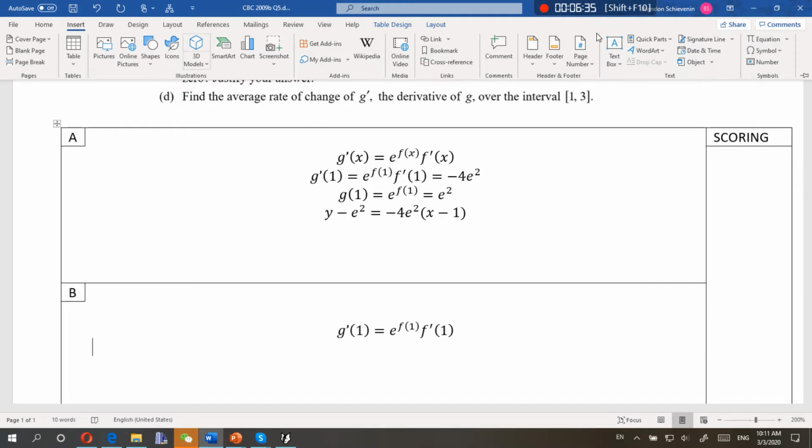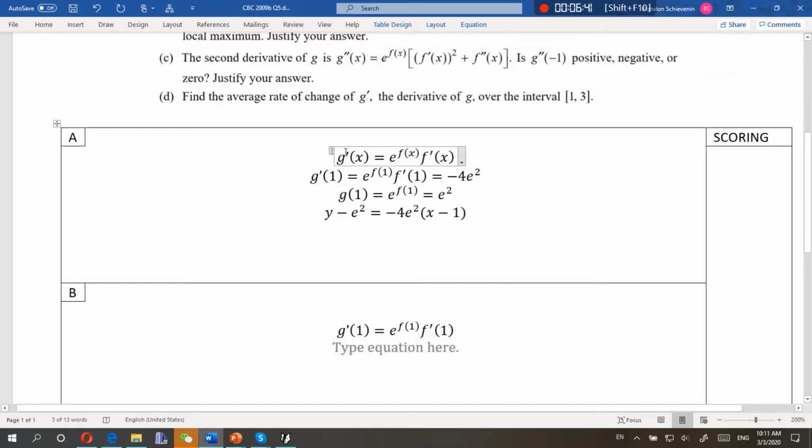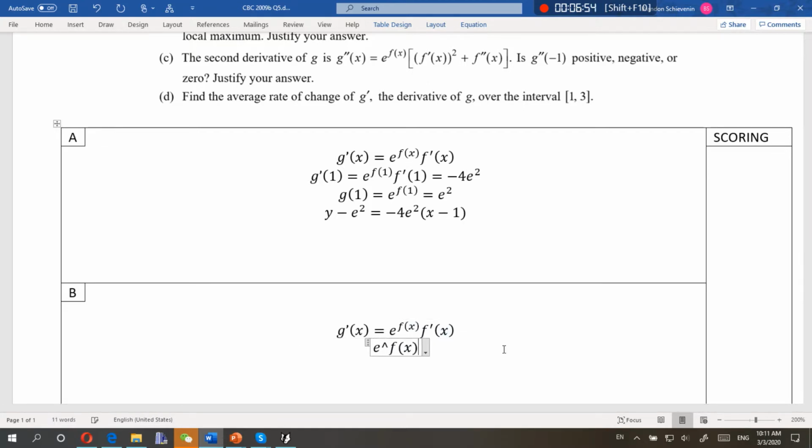So everything you just said is right. e raised to any number must be positive.